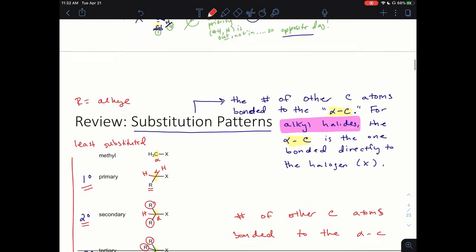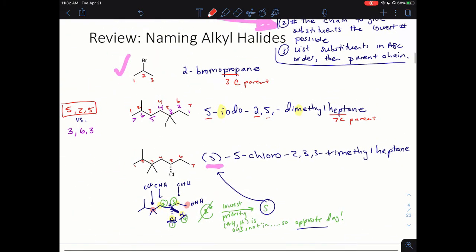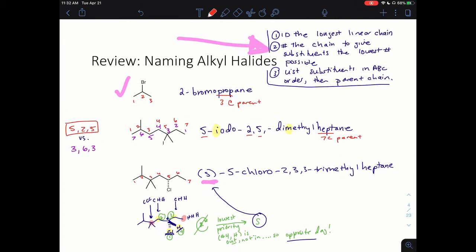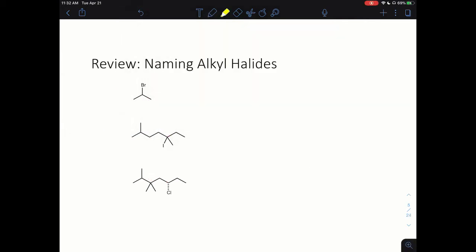So let's go back and look at these alkyl halides that we named, and let's identify the substitution pattern of each of those alkyl halides. A first step is just to identify the alpha carbon. And again, the alpha carbon for an alkyl halide is the one directly bonded to the halogen.